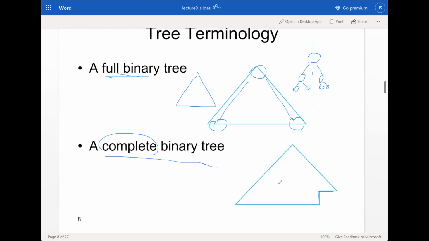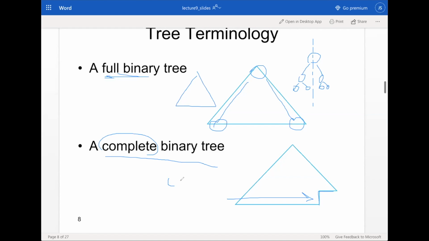So first of all, a complete tree is a binary tree in which every level, except possibly the last, is completely filled, and all of the nodes on the very last level are as far left as possible. So this is your last level, and this level is just missing this part to the right.